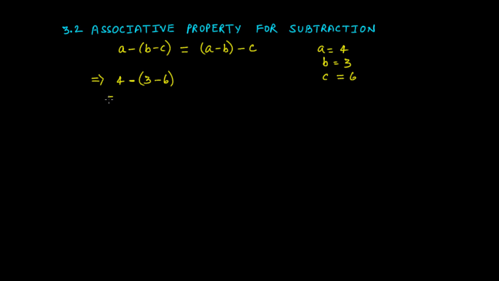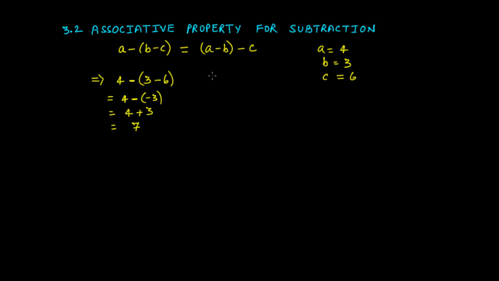What you'll get here? You'll get 4 minus, and if you perform 3 minus 6, you'll get minus 3, right? And here you have 4 plus 3, because minus and minus within brackets gives a plus sign, and this will be 7, right?